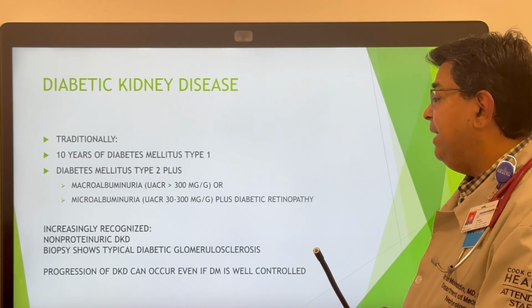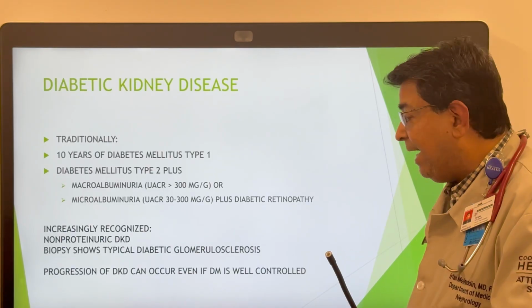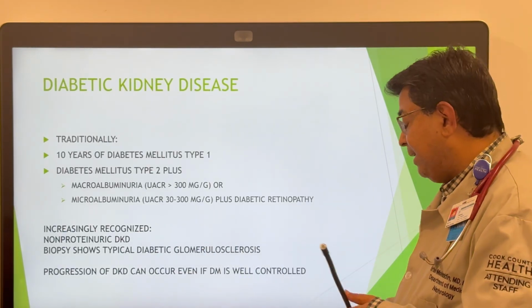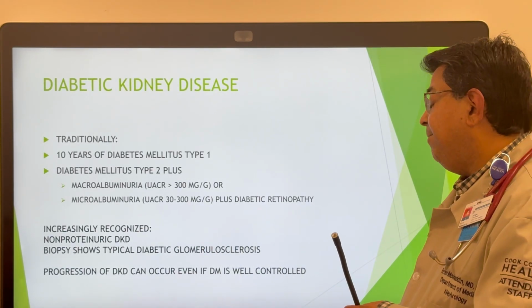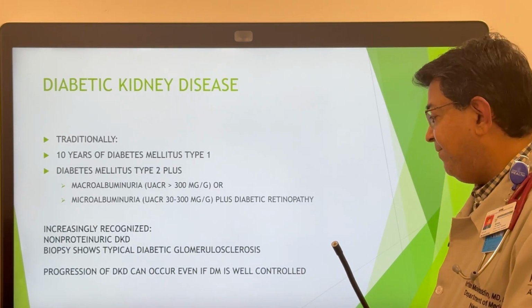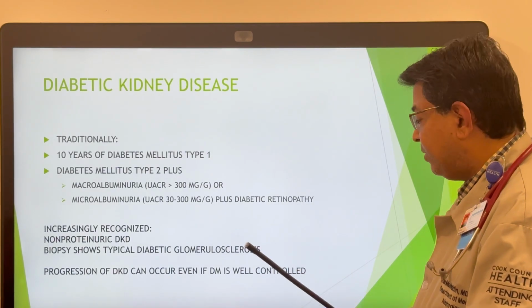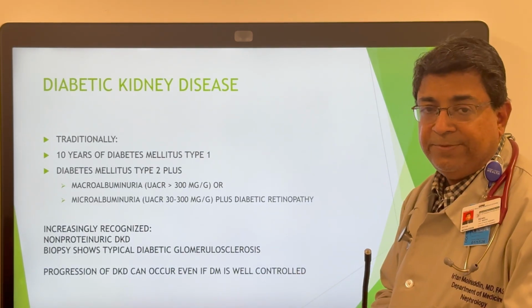However, it is being increasingly recognized that diabetic kidney disease can occur in non-proteinuric CKD. Many studies have shown that biopsy-proven diabetic glomerulosclerosis can occur in patients without proteinuria.